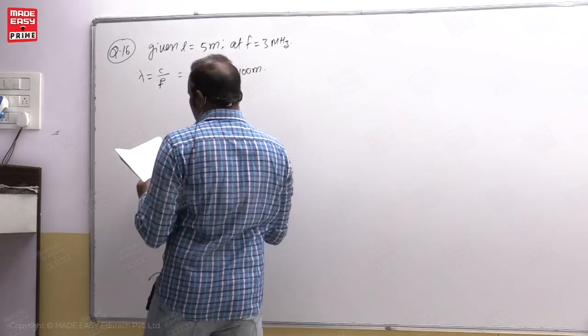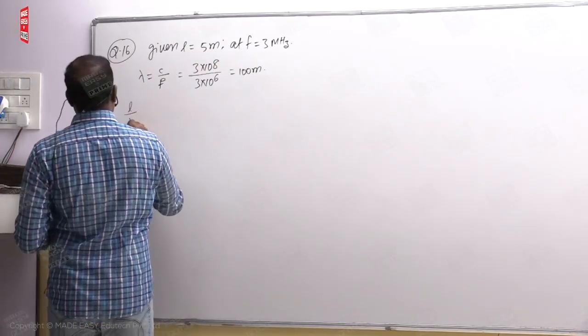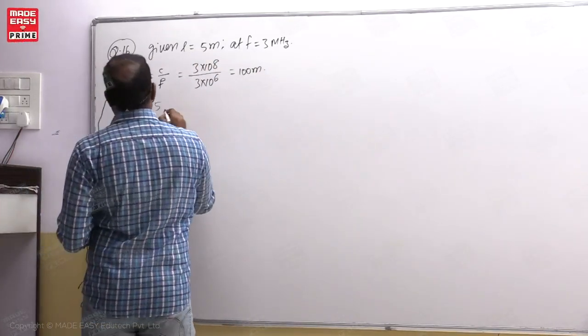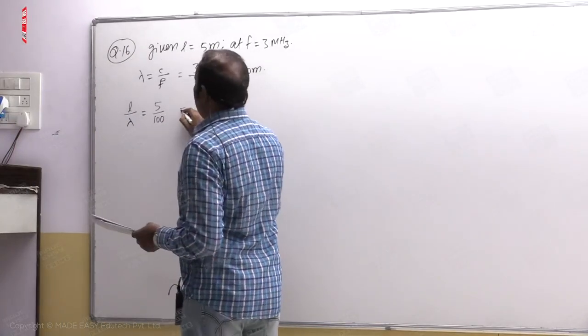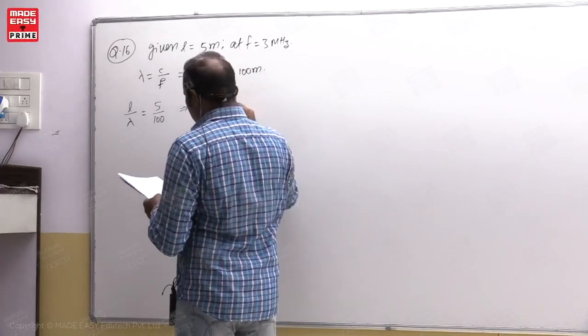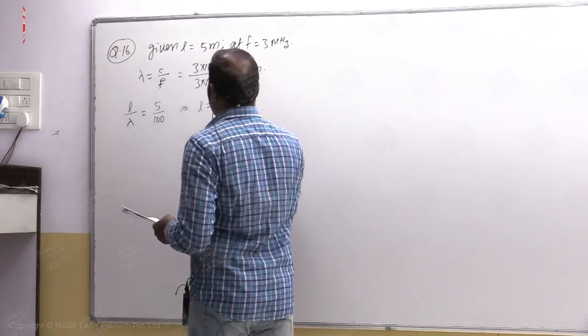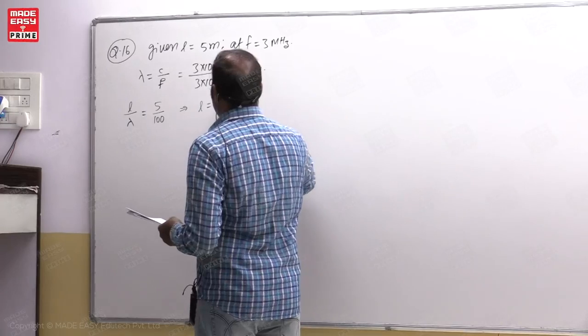Now L by lambda is 5 divided by 100, so ultimately L is equal to lambda by 20.